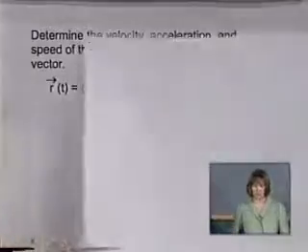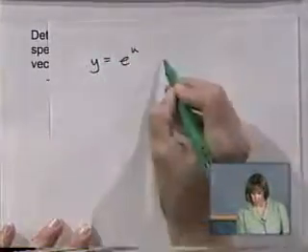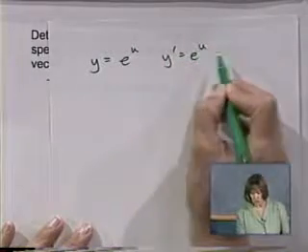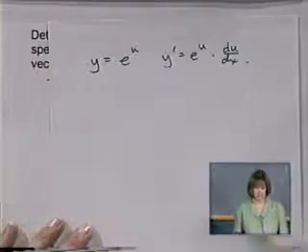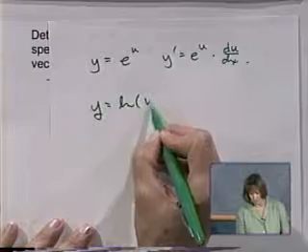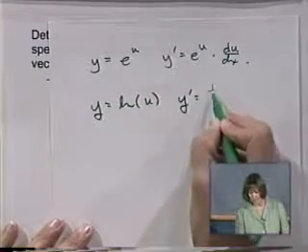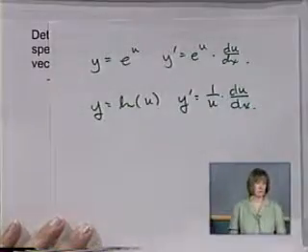And just to review things that people mess up on: if you have y equals e to the u, y prime is e to the u times the derivative of u. If you have y equals the natural log of u, your y prime is 1 over u, but don't forget to multiply by the derivative of u.